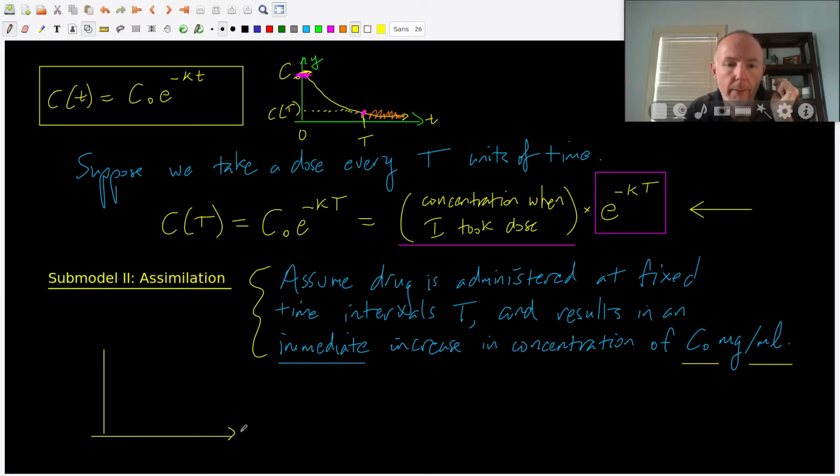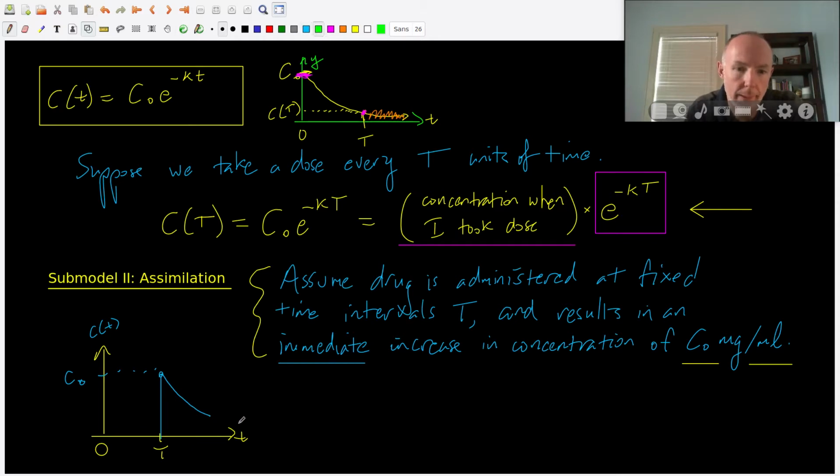If I've never taken this drug before and I'm just cruising along and I wait for a time T and then I take the drug, what's going to happen is I'm going to have an instantaneous increase in the concentration in my blood by an amount C0, and then it's going to decay exponentially, right? This is the moment I'm taking the drug.